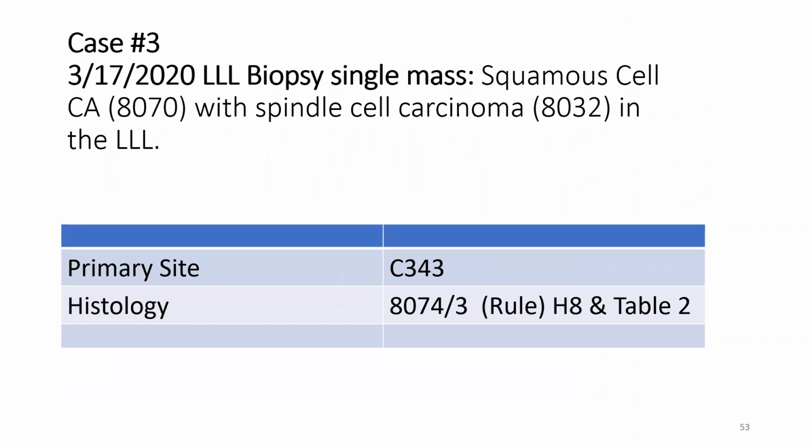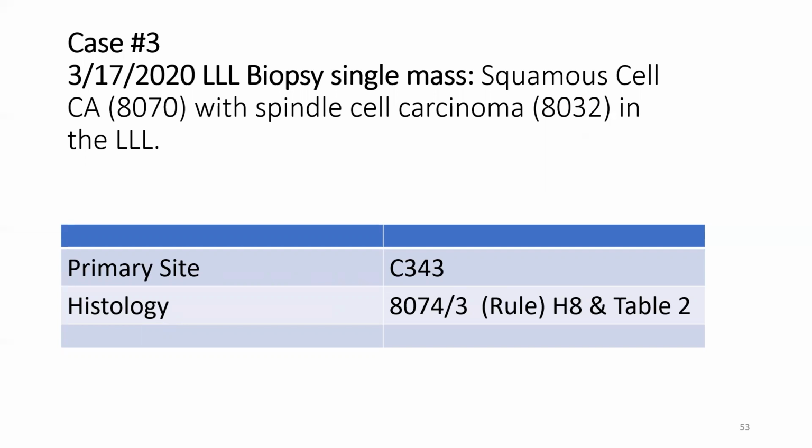So this case, we have a biopsy of a single mass in the left lower lobe. It does have two different kinds of histology in one tumor. So we can go to table 3 and get a working histology. We need to know if spindle cell is a subtype of an NOS, or what table 3 tells us.